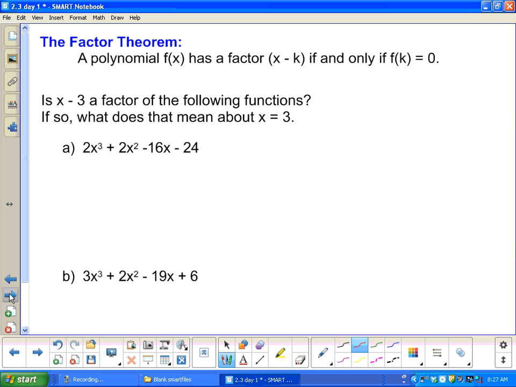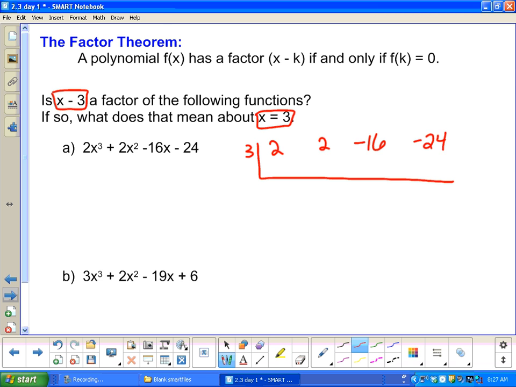Okay, so we're seeing if x minus 3 is a factor, so we're going to evaluate at x equals 3. My coefficients are 2, 2, negative 16, and negative 24. Bring down the 2, 3 times 2 is 6. Add, multiply, add, multiply, add. The remainder is 0.